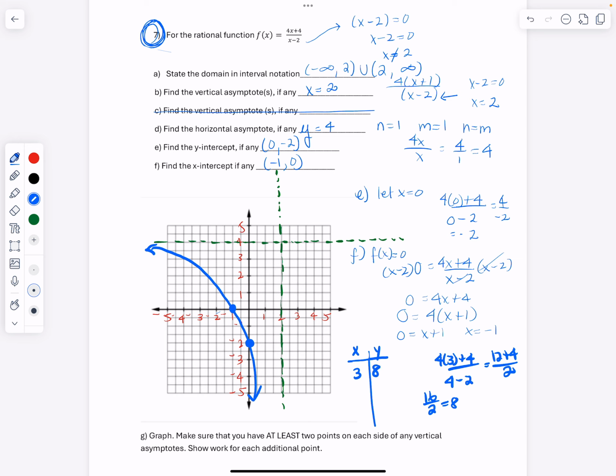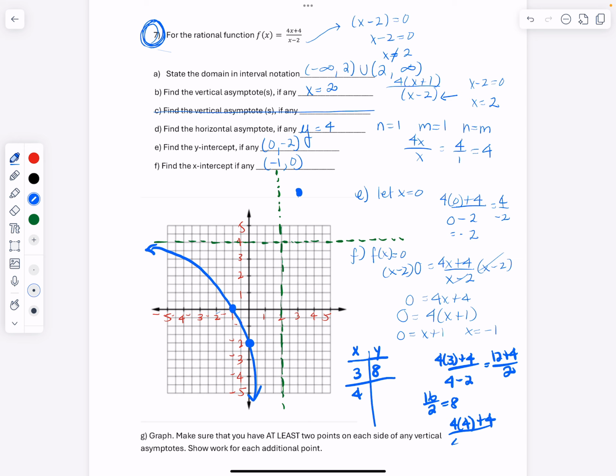So I get the value 3, 8. So that's going to be about right here. Let me fix that. Okay, so somewhere around in there. And then I'm going to use another value. Let's use 4, just for the sake of argument.